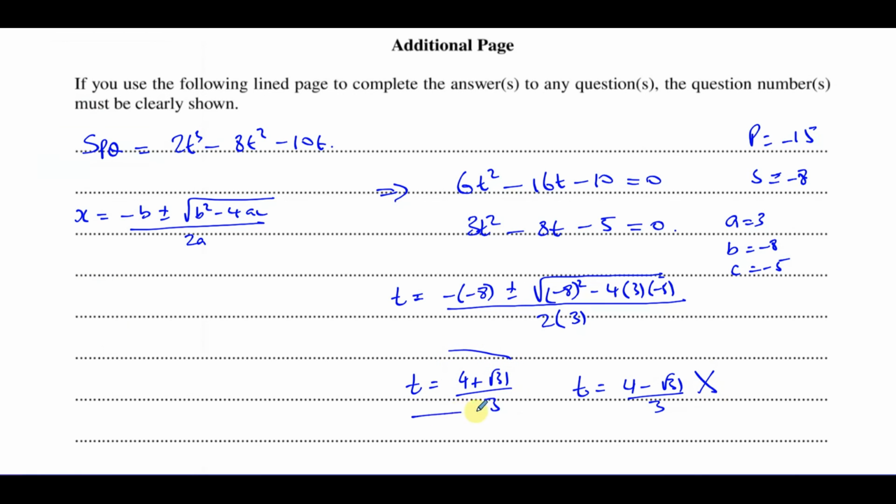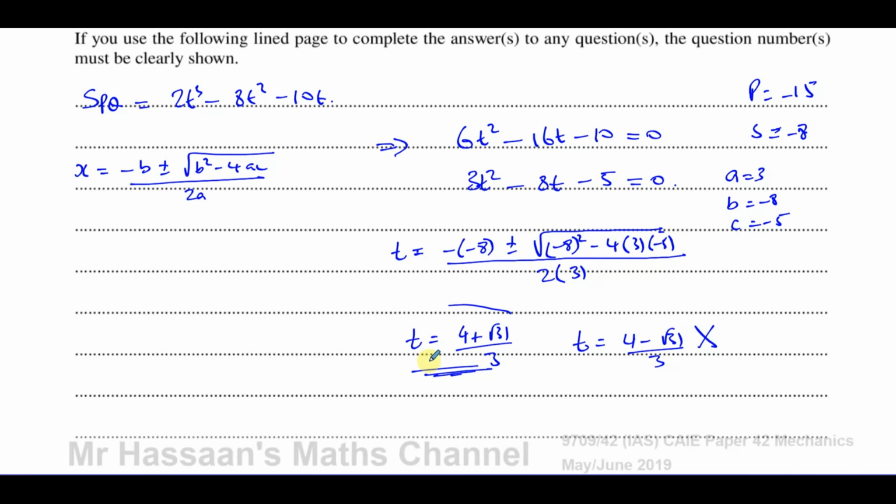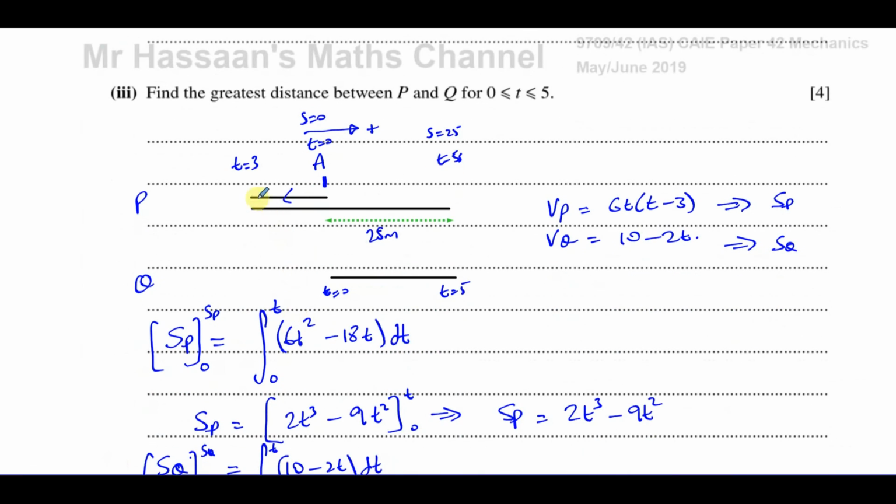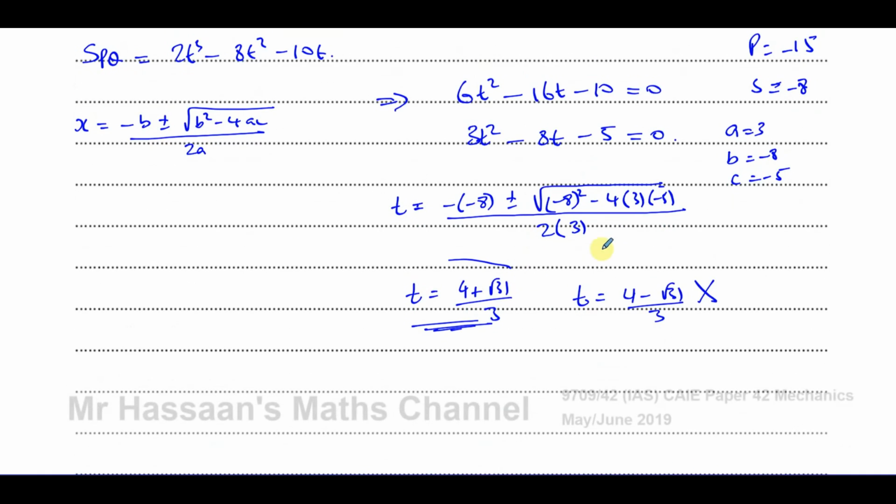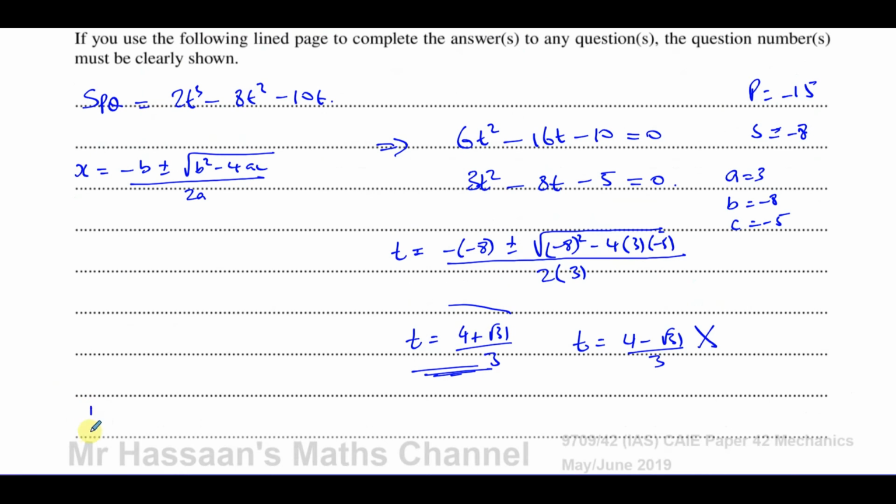We have to find, as the question said, if we go back to the actual question, it says find the greatest distance between P and Q. So we have to find the greatest distance between P and Q, which is basically the magnitude of their displacement. So we've got to find the magnitude of this.